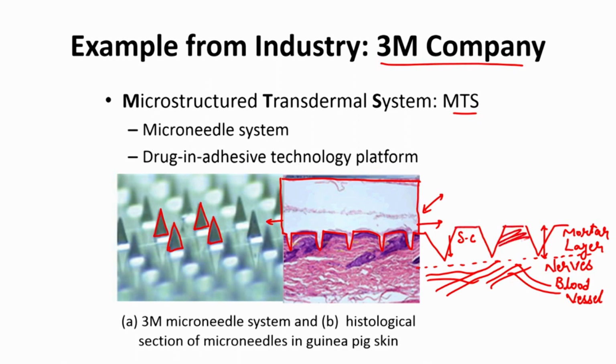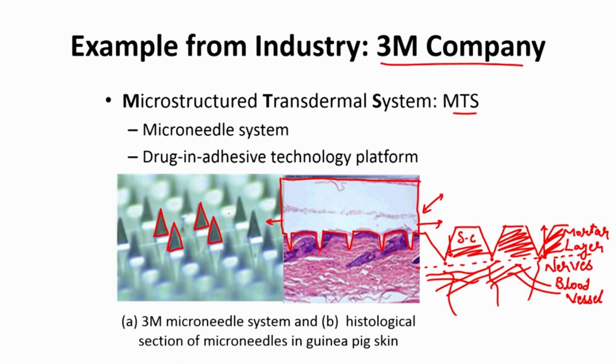So, here is all your mortar layer, and I have now traversed this. So, the permeation that was getting blocked majorly through this layer is no longer applicable, and once the drug is getting released at these heads, the drug can very easily permeate and diffuse into the system. So, that is the whole concept with this, and that is what they are showing here.